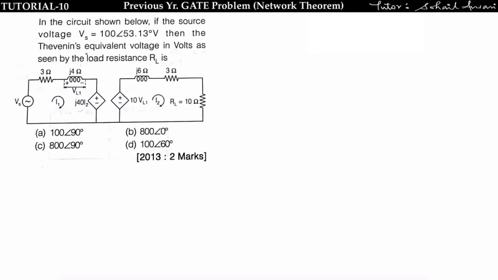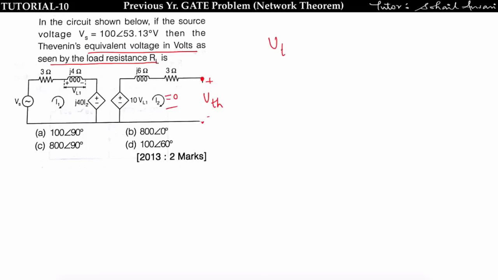See, in this circuit Vs is given, then the Thevenin equivalent voltage as seen by the load resistance RL means we have to find the Thevenin voltage across this terminal. In order to find the Thevenin voltage we have to replace this RL by an open circuit. Now when I replace RL by an open circuit, the current I2 will be 0 because it is open circuited.